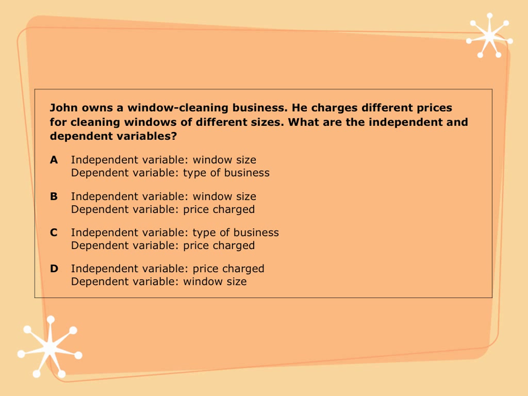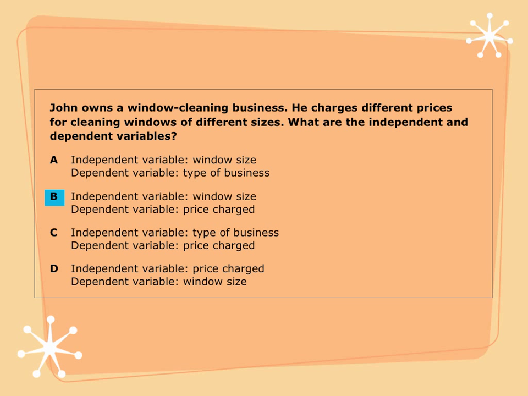So his price is going to depend on how large or small your window is. So my best answer here is B. Unless you're building a house from scratch, you're not going to be able to choose your window size, and then his price is going to be based on how large your window is. So independent would be the window size. That's something that's not going to change.